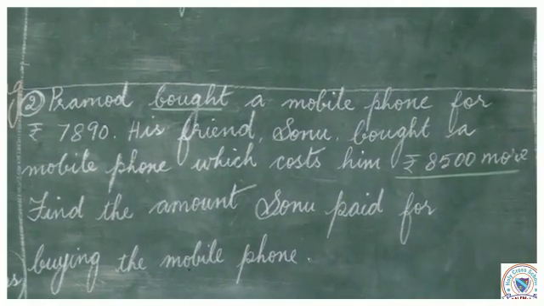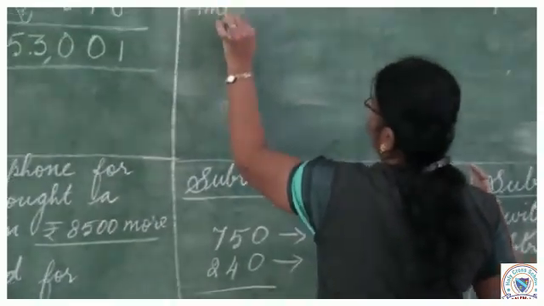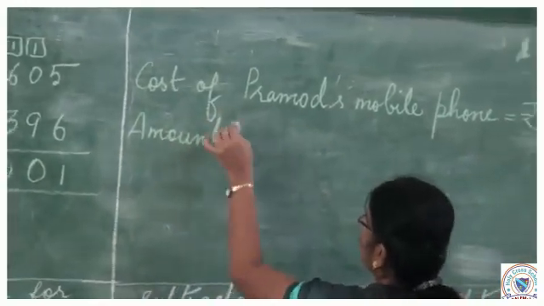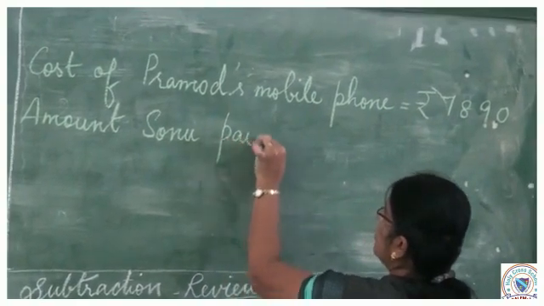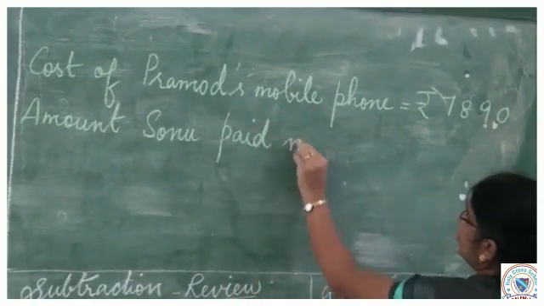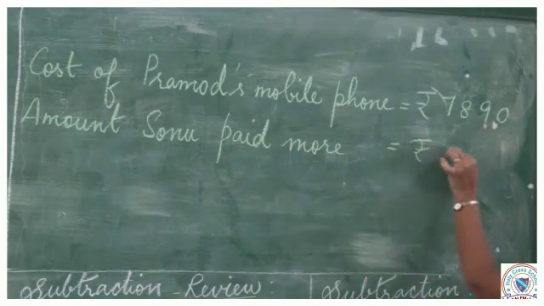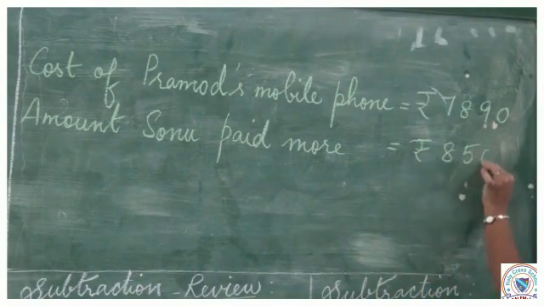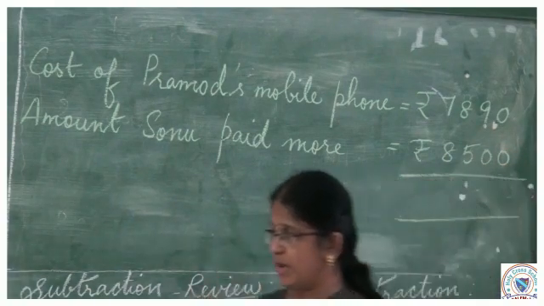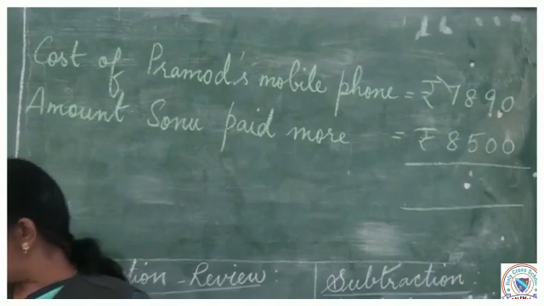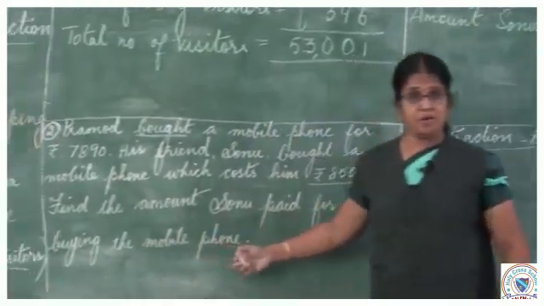Sonu is paying more. Amount Sonu paid more is equal to rupees 8,500. Finally, what you have to find is the amount Sonu paid for buying the mobile phone.